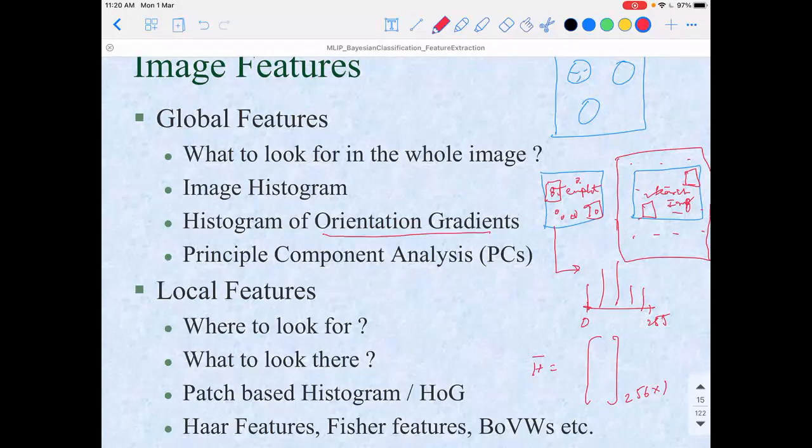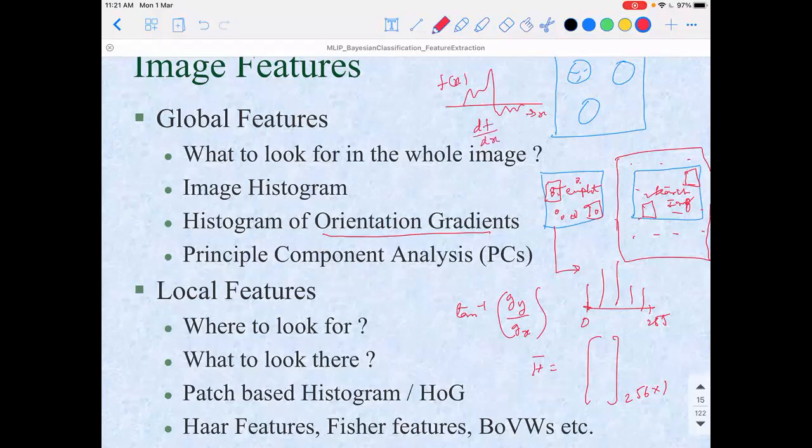Because what I will be taking is tan inverse of gy by gx. This is the orientation of gradient, where gy is the vertical gradient and gx is the horizontal gradient. Unlike in original signals, where you have gradient only in one direction, if the signal is written as f of x, the gradient is df by dx.